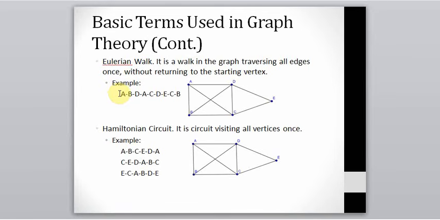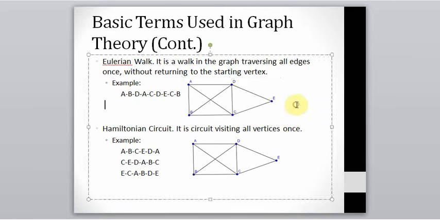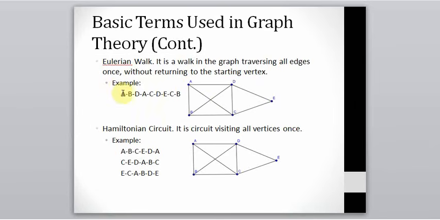For this example graph, you have the Eulerian walk out of this figure. A goes to B, to D, back to A, to C, E, D, E, C, B. So again, you have A to B, to D, to A, to C, to D, to E, C, B. So it started with A, it ended with B, and it has traversed all the edges of this graph.